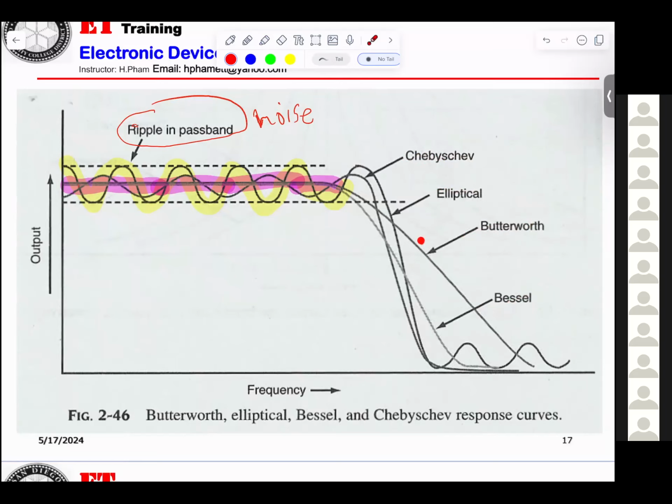Okay, you said the Butterworth here, right? This guy, right? Okay, now, the best filter will have no noise.